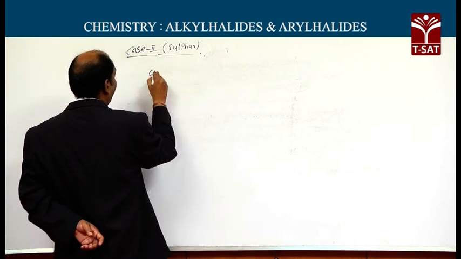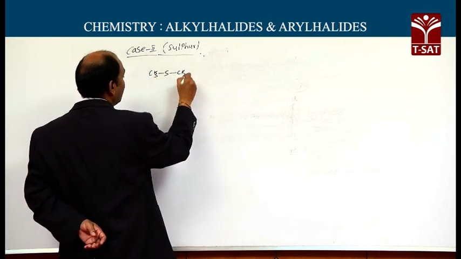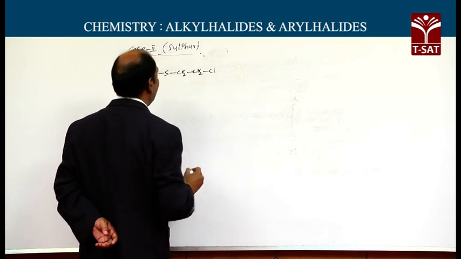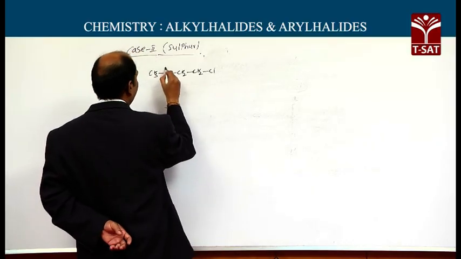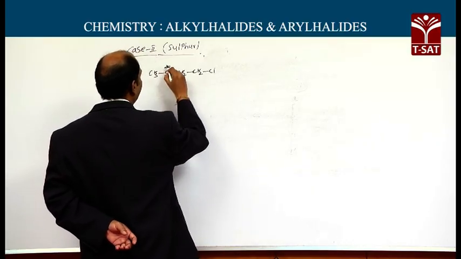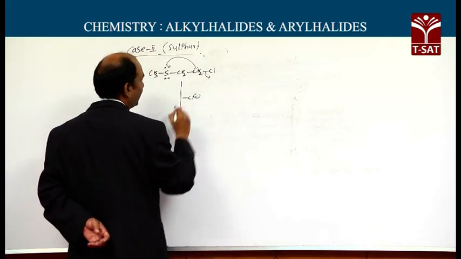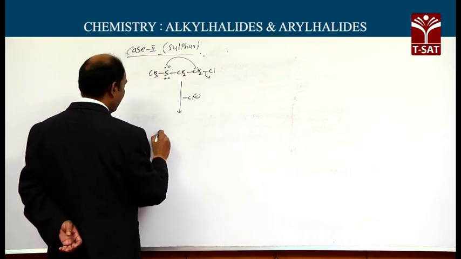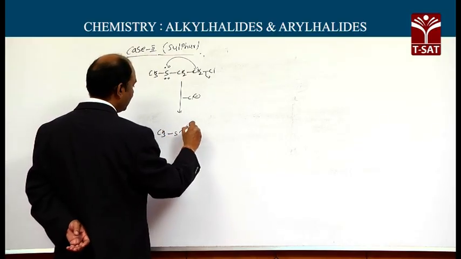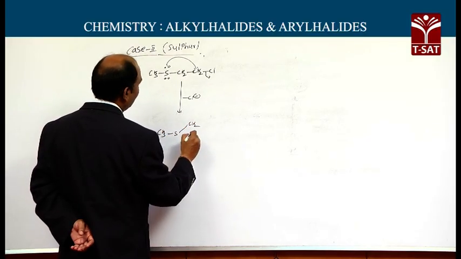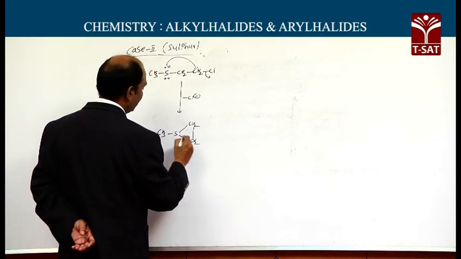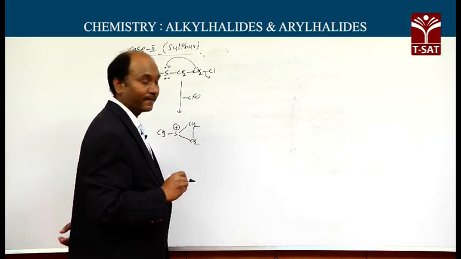Here, first of all, CH3S CH2Cl. First of all, what happens here: sulfur has a lone pair, this one attacks here, loss of Cl minus takes place. So here this is CH3S CH2, here also CH2, here this has a positive charge.